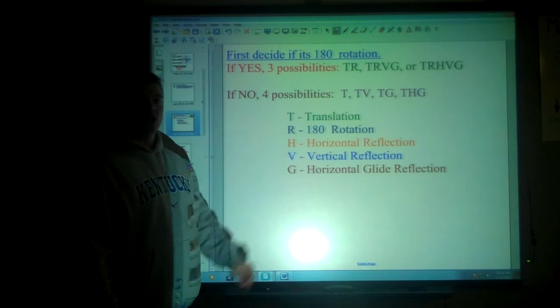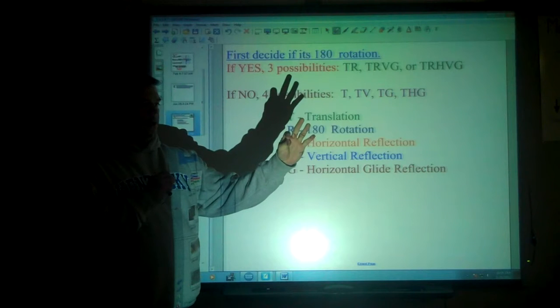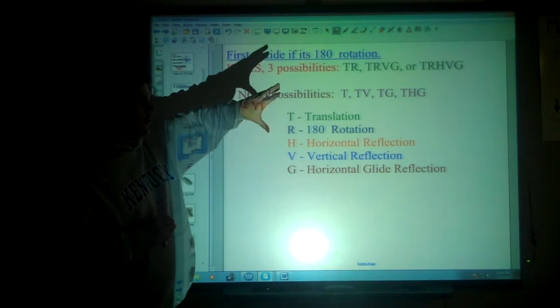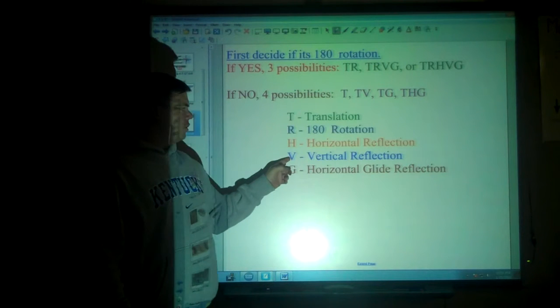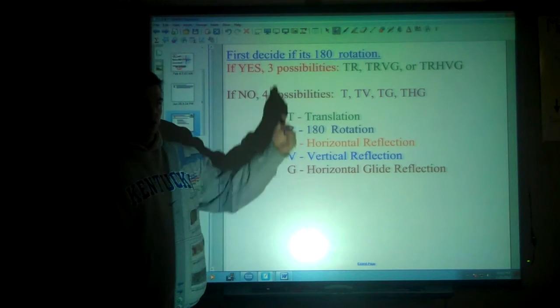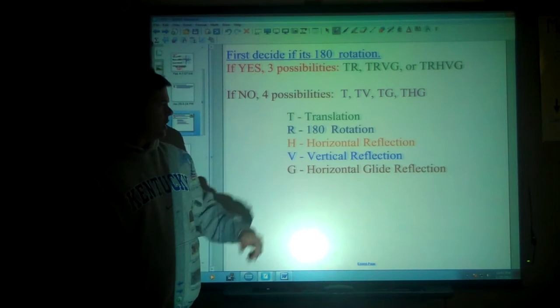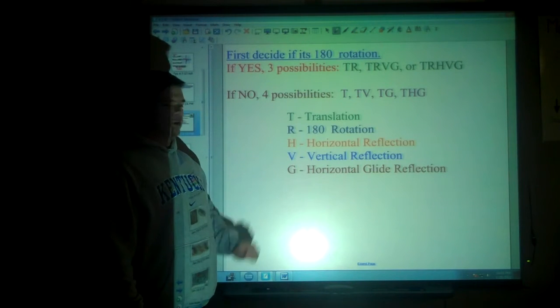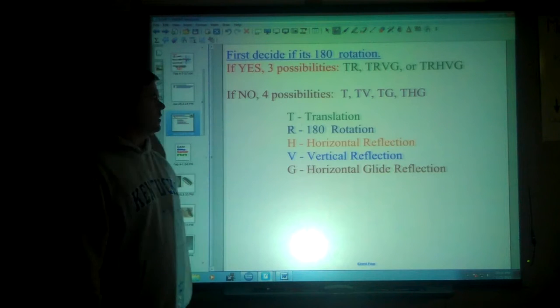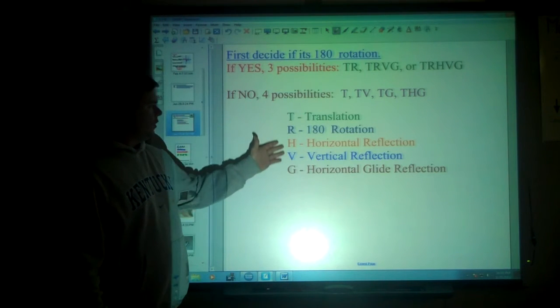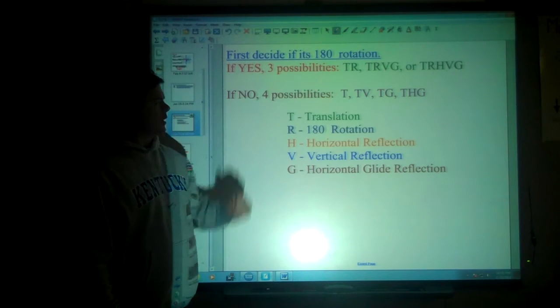Horizontal reflection: could you draw a horizontal line and have the object flip over that horizontal line and still match up with itself? Vertical reflection: could you draw a vertical line and have it match up with itself? And then G stands for horizontal glide reflection. Can it slide and flip and still match up with itself? So these are the abbreviations that we're talking about up here.